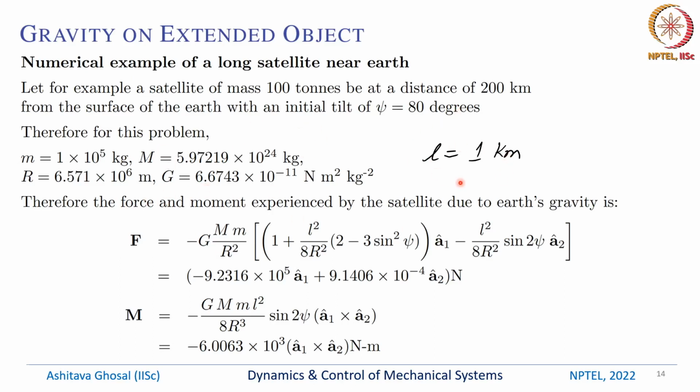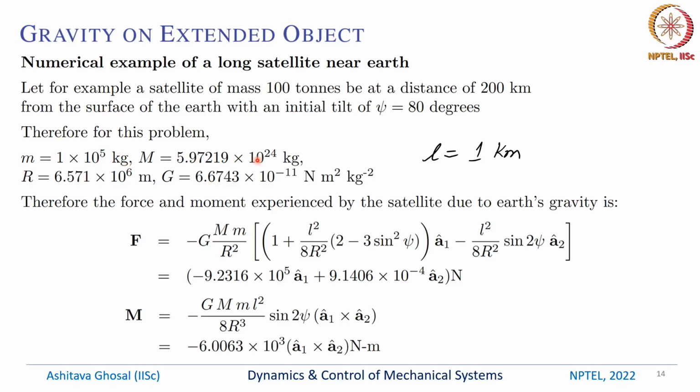And for L equals 1 kilometer, and this mass is, as I said, we have randomly chosen some numbers, 100 tons, which is not, later on I'm sure there will be satellites and spaceships which are really long, maybe in the next 30, 40, 50 years. So then we have this mass of 1 into 10 to the power 5 kg.